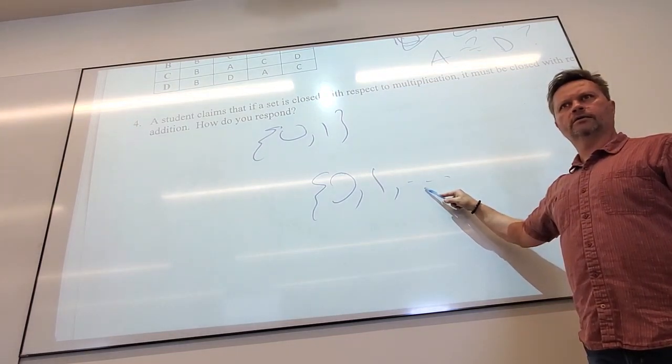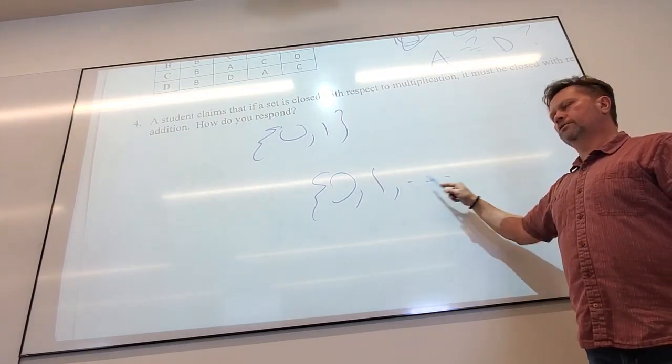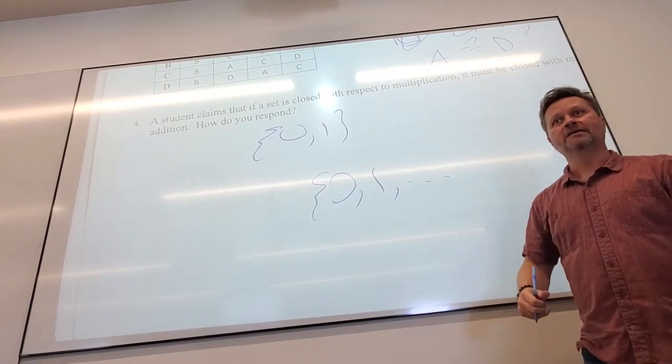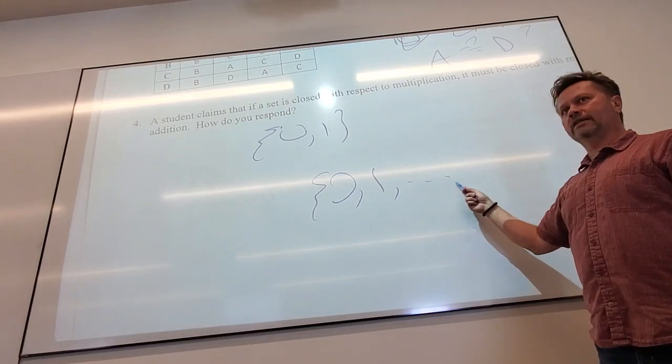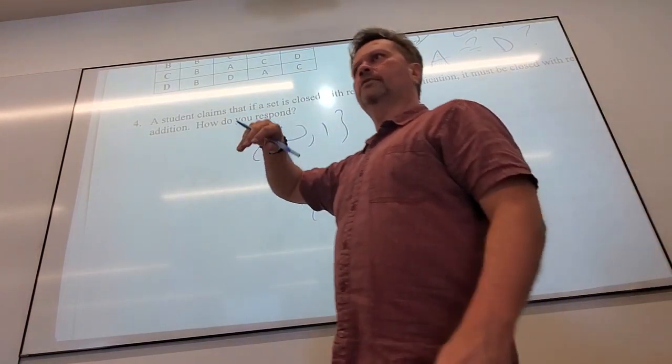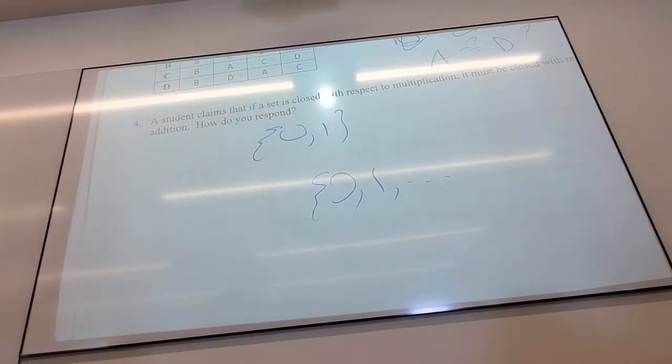No, why? 1 plus 2 is 3 and 2 plus 2 is 4. So what if I add 3 and 4? Is it closed then? No. So how many numbers would I have to add to make it closed? Infinite. I have to add all the whole numbers, right? You guys semi with me? I'm pretty sure there's a homework problem just like that. Okay. You guys with me though?